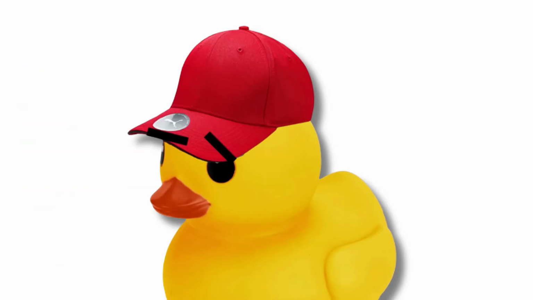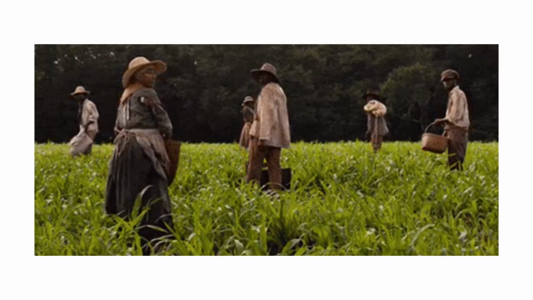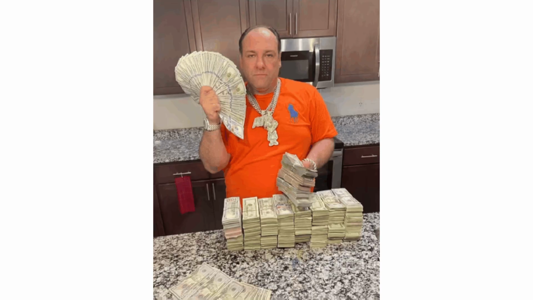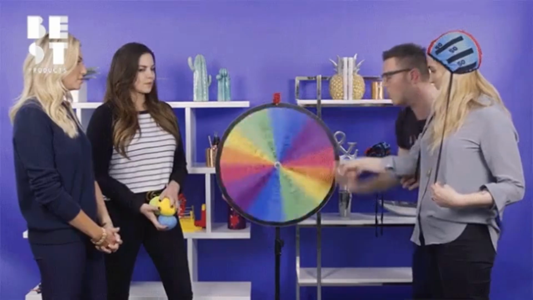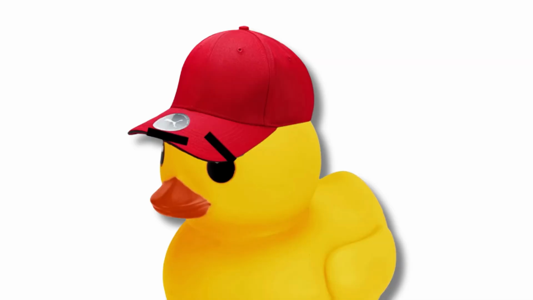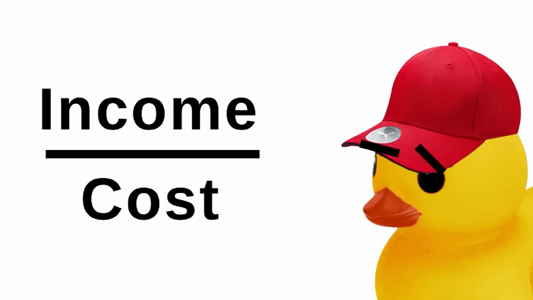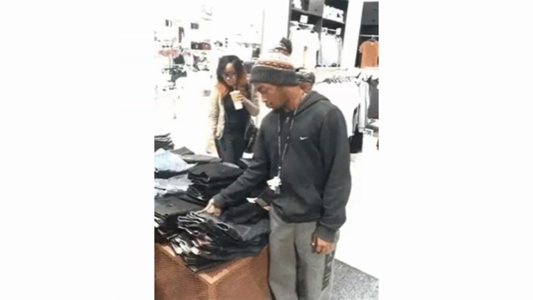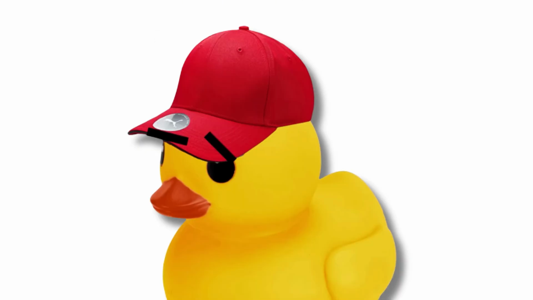By 1860, an enslaved field hand could cost around $1,200 to $2,000, the equivalent of tens of thousands of dollars today. That price wasn't random. It was set the way any asset price is set, as the present value of the income that asset was expected to produce, minus the cost of keeping it running. Economists who later studied this called it exactly that, the same logic used to price a piece of machinery or a bond.